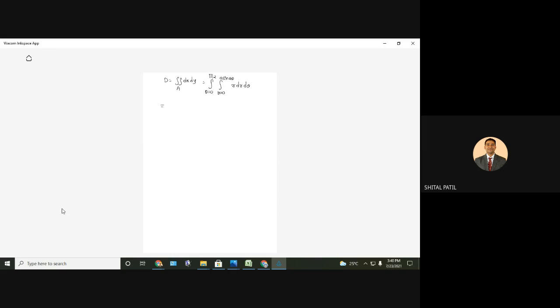So integration is upper limit. sin 2 theta is 2 sin theta cos theta.